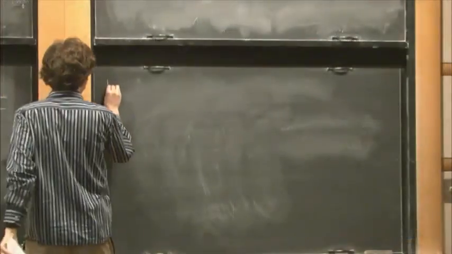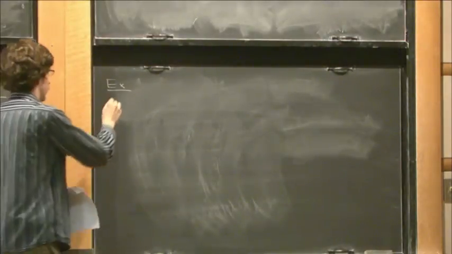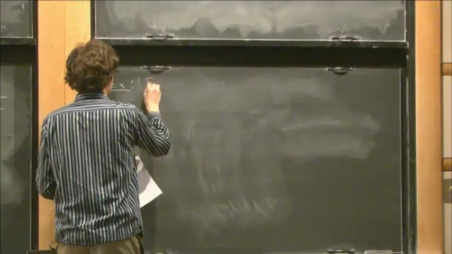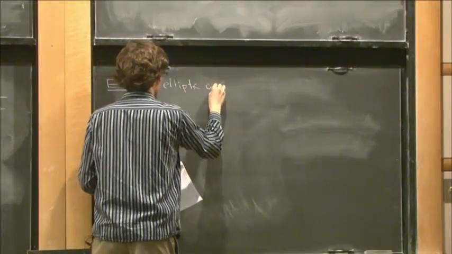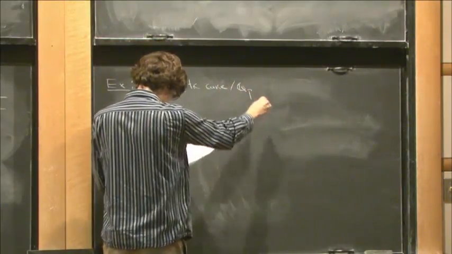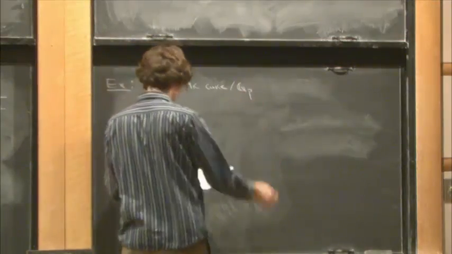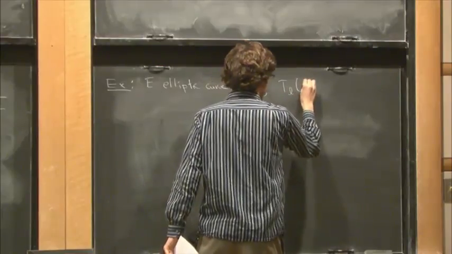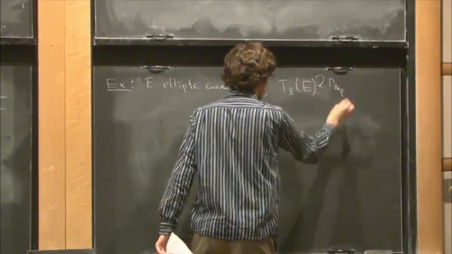So some brief motivation for why things get subtle. Let's go back to our elliptic curve. So now let's say we had an elliptic curve over Q_p, for example. And let's look at the L-adic Tate module as an action of the Galois group of Q_p.